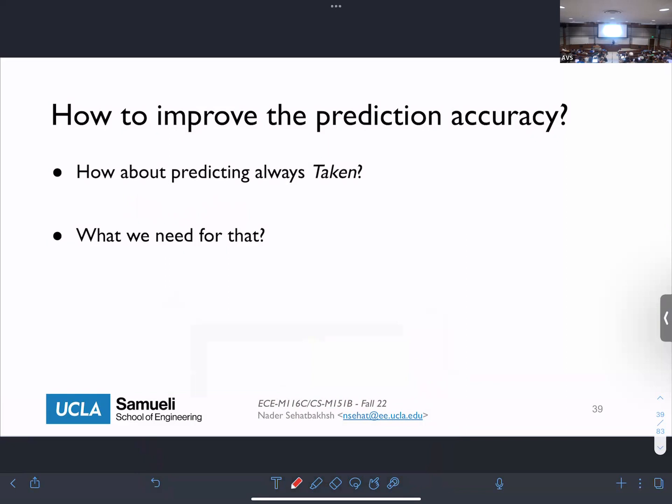Can anybody comment on what we need to do when changing from not taken to taken? One thing is that we need the offset for the branch. Yes, so we need the where part, right? Any other potential problem? We need to know that this is actually indeed a branch, because if you're saying taken, we need to say that this is a branch and then we have to take it, right?